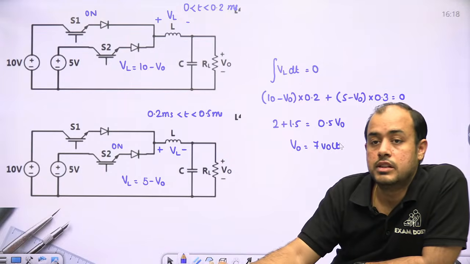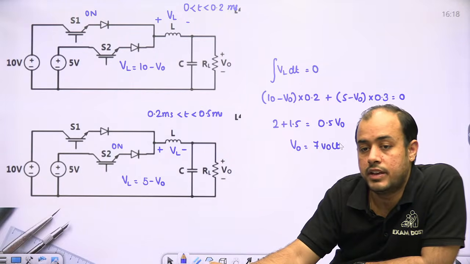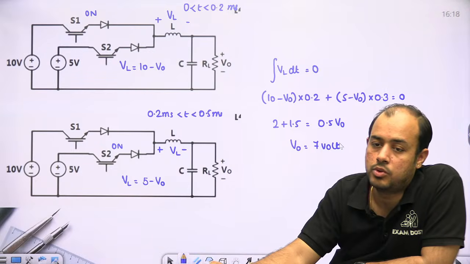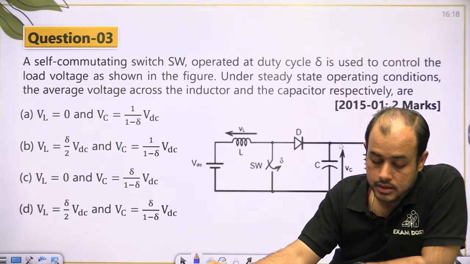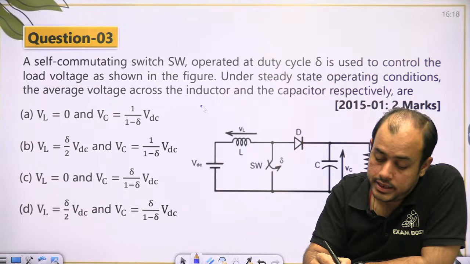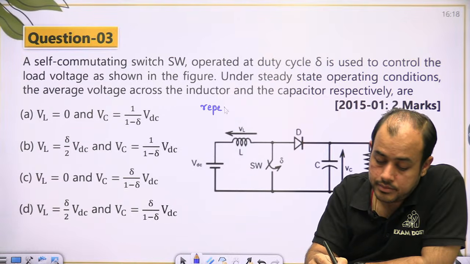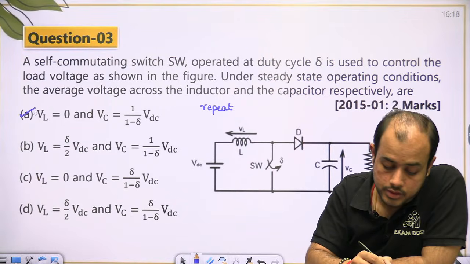Okay. We will solve it from the very basic. V naught comes out as 7 volt. Clear? This we have already done yesterday. The answer was A.